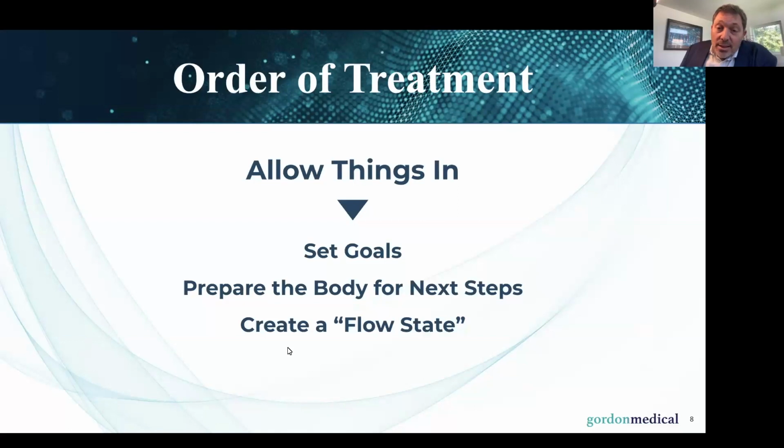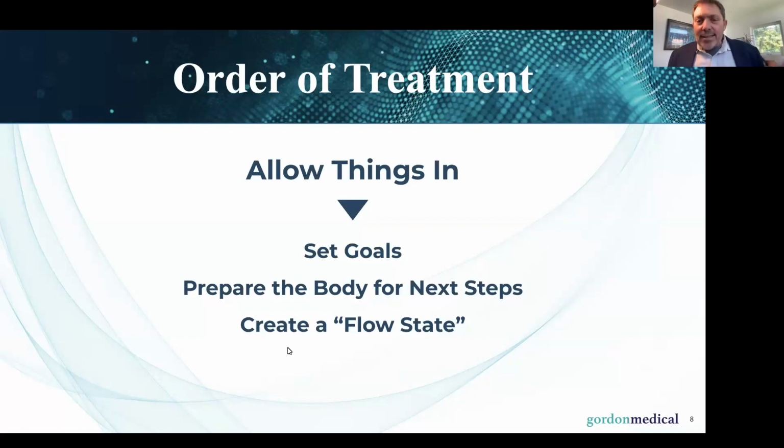We may need to do methylation support. We may want to use minerals. We can use certain anti-inflammatory oils like palmitoylethanolamine or PEA. This is a good time for considering low-dose immunotherapy, low-dose antigen therapy, homeopathy, even things like oxytocin and low-dose naltrexone can really start setting up a scaffolding to allow the body to start feeling better.